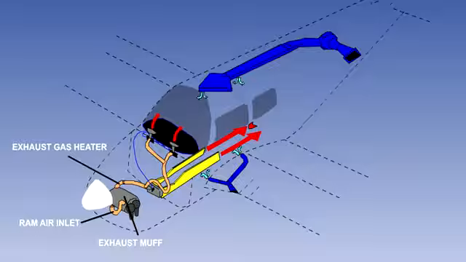The heater muff or exhaust muff is a close-fitting cowl around the exhaust pipe, which allows ram air to come into close contact with the hot exhaust pipe to provide hot air for heating the cabin and demisting the windscreen. Fresh, cold air is allowed into the cabin through the ram air inlets on the wing leading edge.